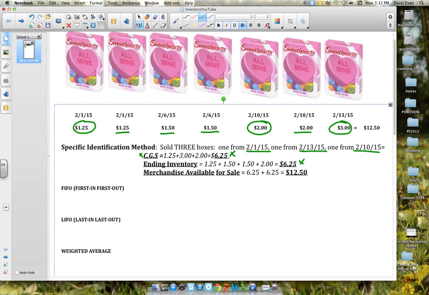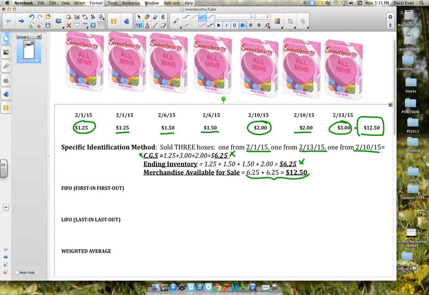Whenever we want to know what we had available for merchandise, it's your cost of goods sold plus your ending inventory. And so that's shown right here. And it adds up to $12.50, which is the total of everything that we had available. And so the specific identification method is the most accurate method, and it's also the method that you would use for larger items like cars.